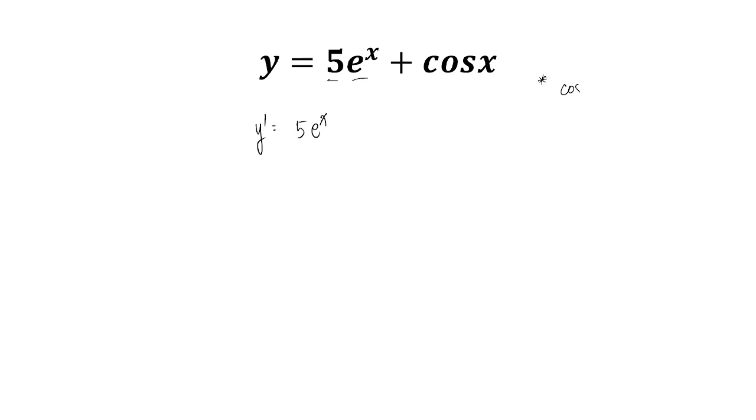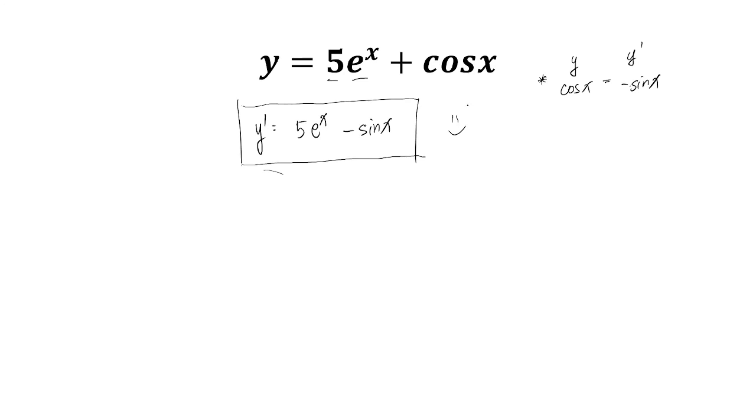Then take note that the derivative of cosine x from our previous video, that's negative sine x. And that's it. Y prime equals 5e raised to x minus sine x. Next problem.